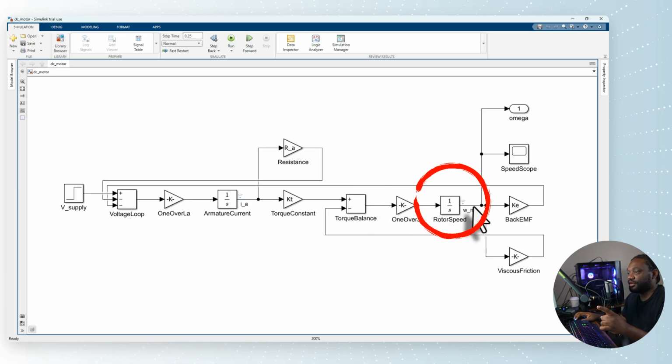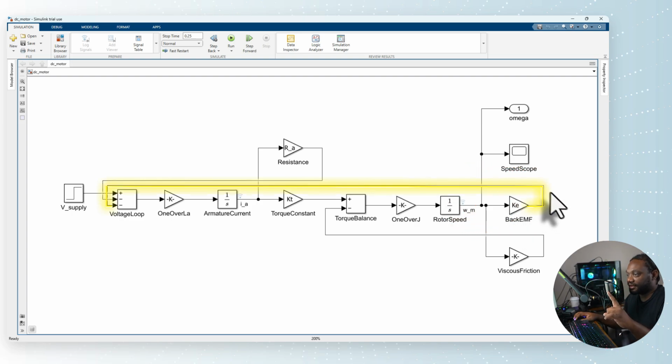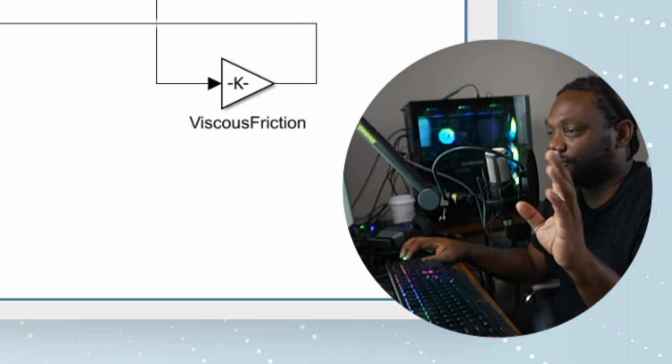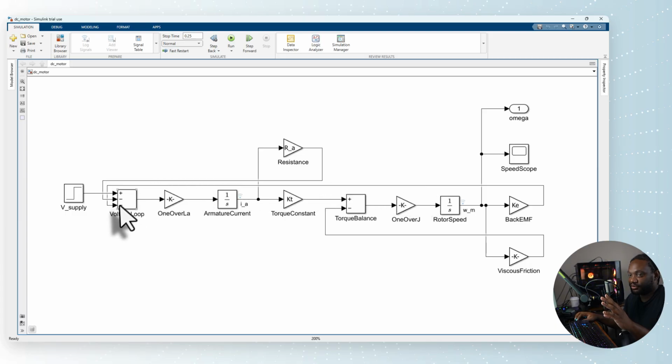That rotor speed creates a back EMF. Now this is the important thing. The back EMF should be accounted for in the loop as negative feedback. The fact that it even knows to do that is just insane to me. Okay, so we've got the negative feedback and it goes back. Yes, the minus for that summing block. That's a pass.